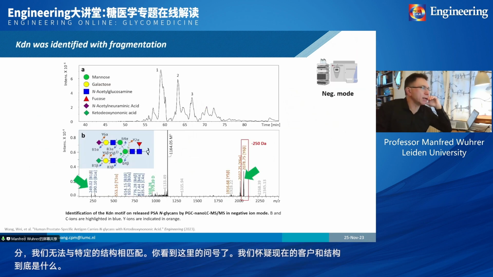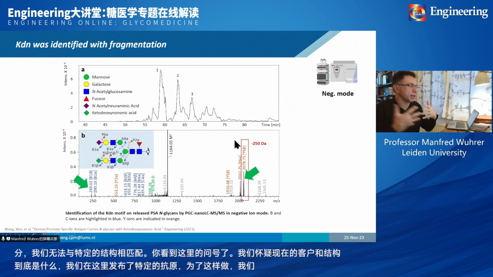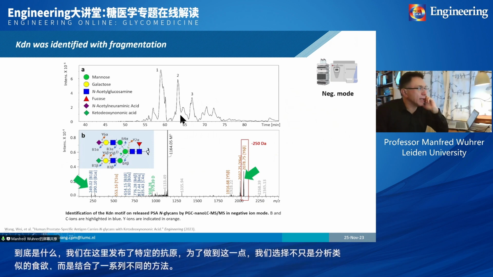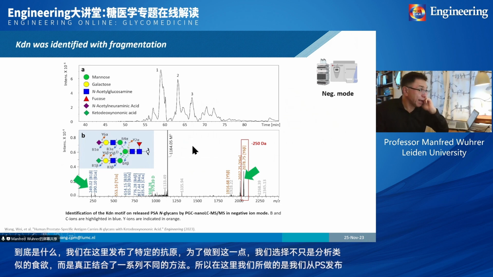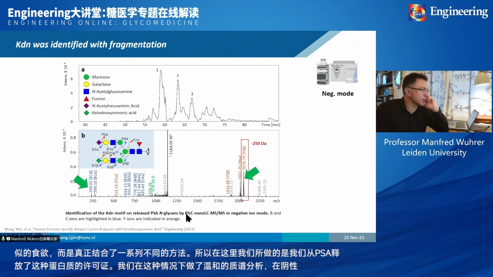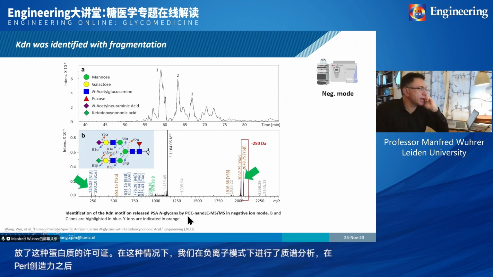To do so, we chose not to analyze only glycopeptides, but combined an array of different methods. Here we released the glycans from PSA and did tandem mass spectrometry, in this case in negative ion mode, after porous graphitized carbon separation. I just want to highlight two signals we observed.